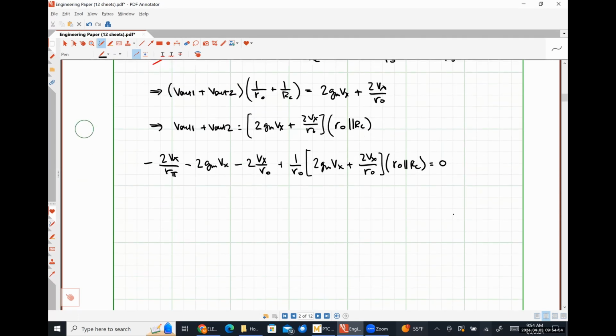So let's factor out Vx from this thing. I'm going to do my positive terms first, right? So I'm going to have twice GM over R naught times R naught in parallel with RC. So that is this guy right here, where I've also included this contribution.